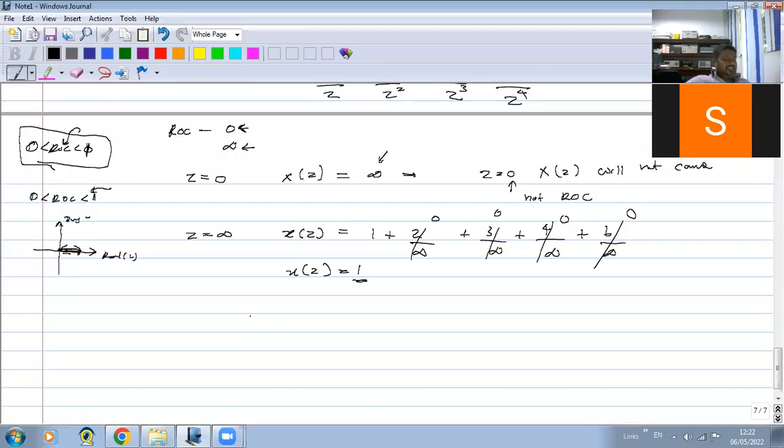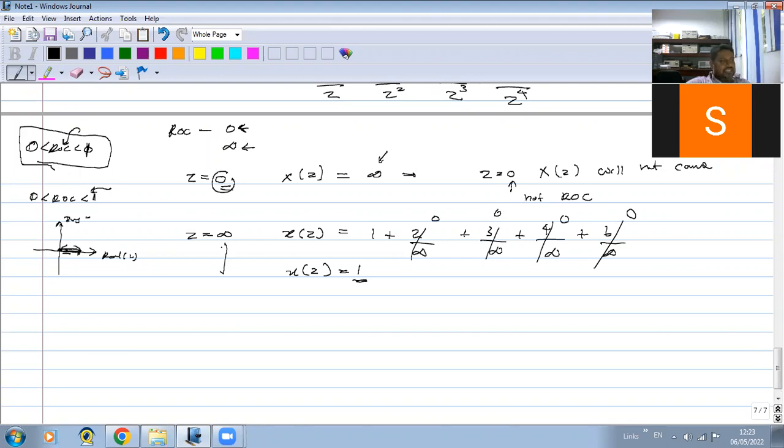So you can see that if you are making a mistake, you can understand it very clearly. So we will see what the ROC is here. Now you can see that z equal to 0 is not in the ROC.